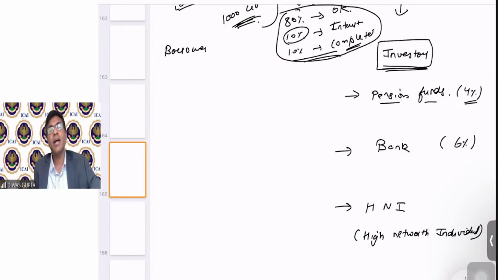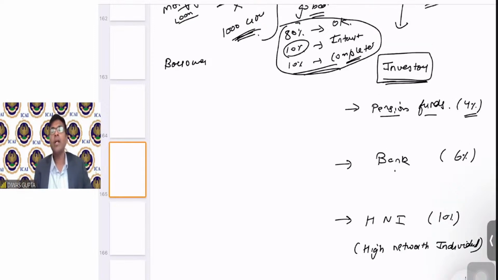HNI says that you do one thing. You pay whatever you want to pay to pension funds and bank, and whatever is the balance return, the maximum balance return after taking off fund expenses, you pay us that. And broadly, they have kept a figure that is coming out to 10%.